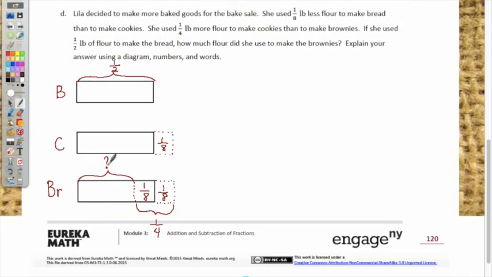So the nice thing about this is we know that this whole tape diagram from brownies started out as how much, Josue? How much did this whole tape diagram start out as? 1/2. So I can do 1/2, and then what do I do with this 1/8? I subtract it. So I'm going to do 1/2 minus 1/8.